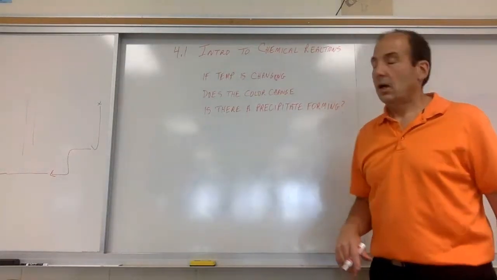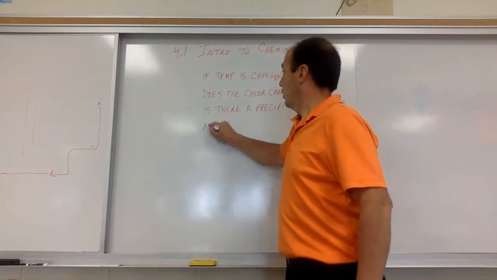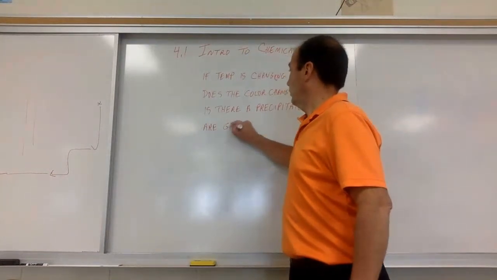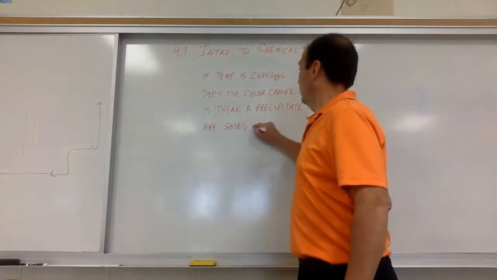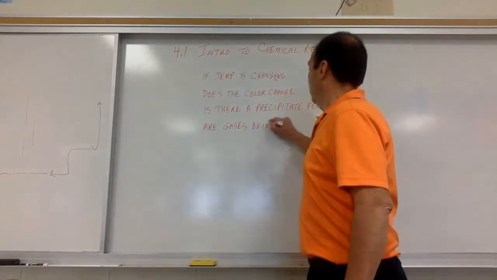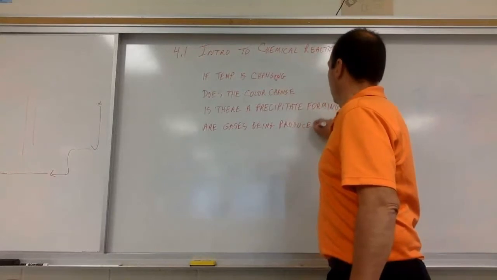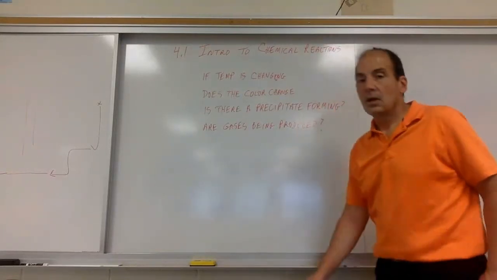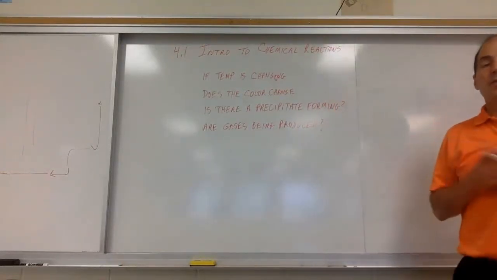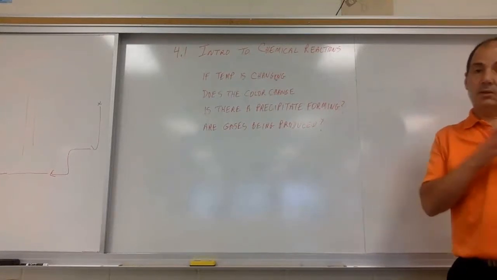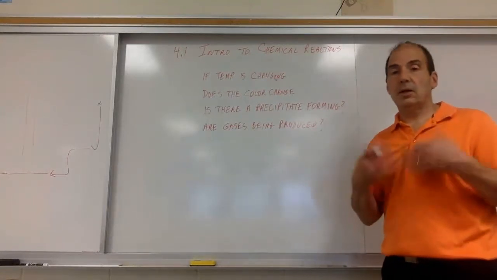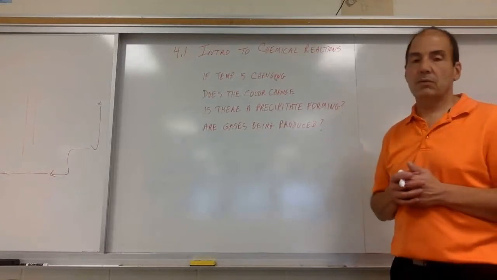Are gases being produced? Okay. So these are the questions that we have to ask ourselves to start saying if we think what we're observing is a chemical or physical change.